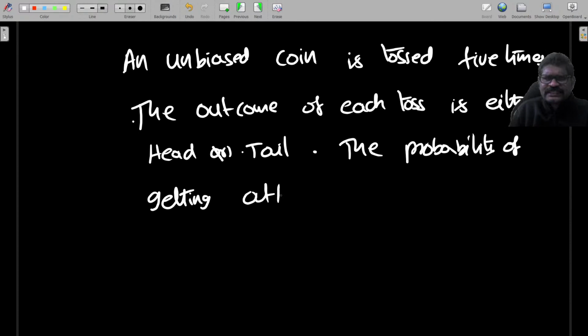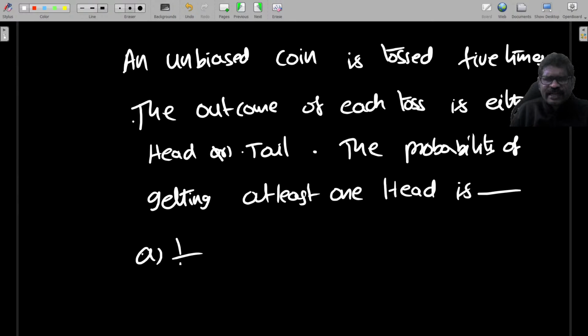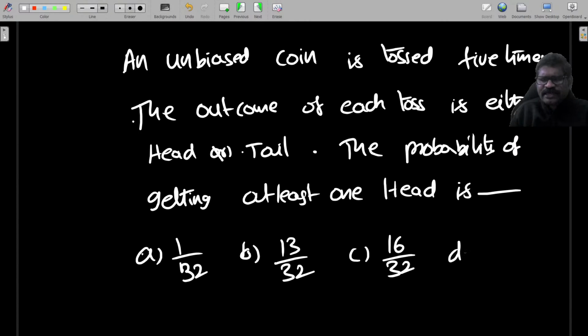The probability of getting at least one head is: option A 1/32, 13/32, 16/32, 31/32.